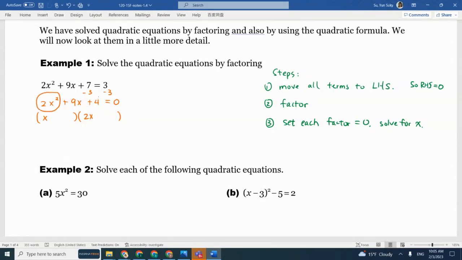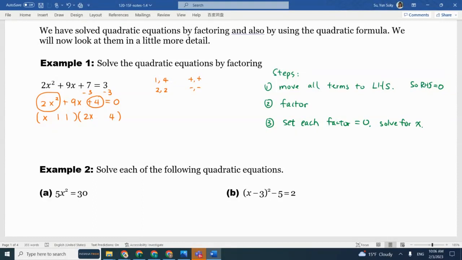Then we look at factors of 4. The factors of 4 could be 1 and 4, or 2 and 2. Because it's plus, it could be plus plus or minus minus. Those are all the possibilities, and then we try each pair. Let's try 1 and 4 first, and let's try plus plus first.